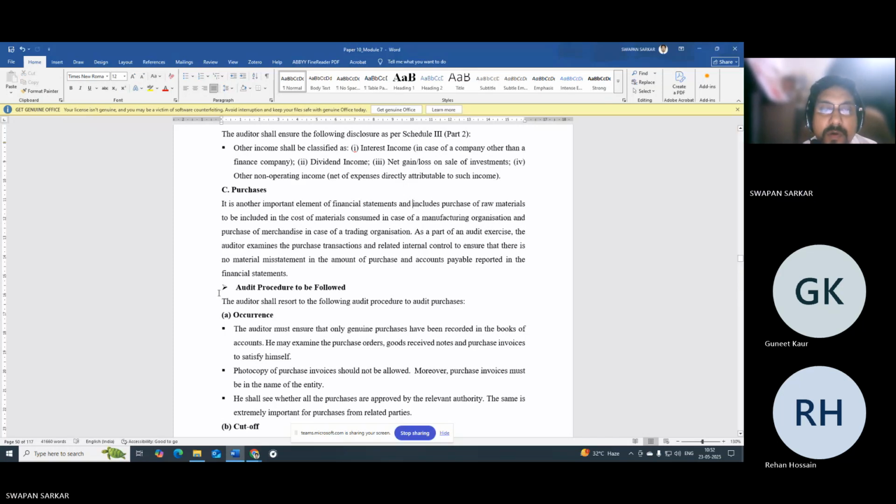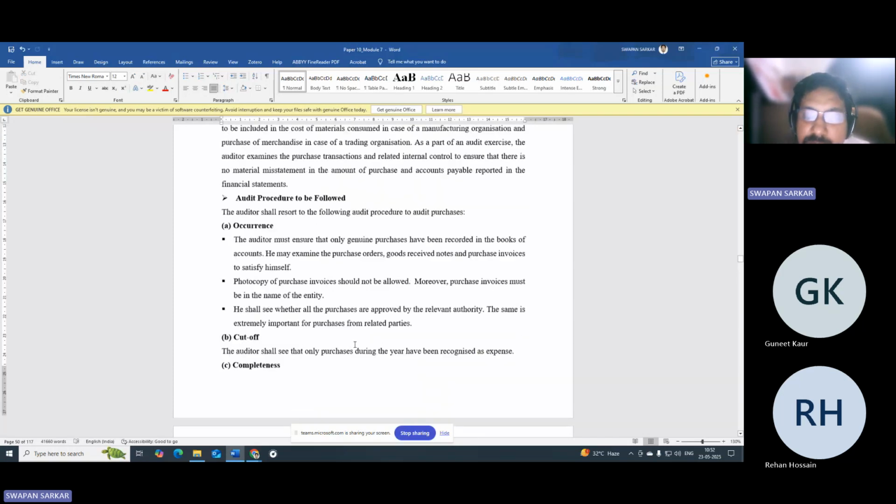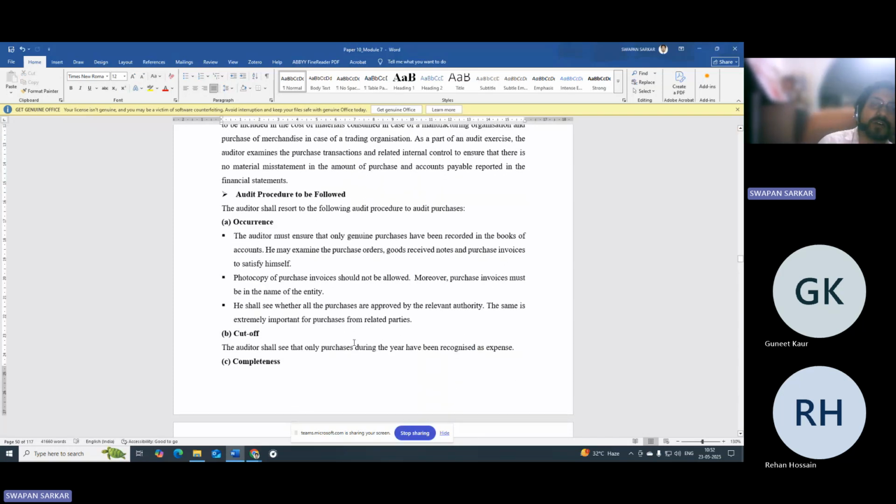Now, audit procedure to be followed. First of all, occurrence. The auditor must ensure that only genuine purchases have been recorded in the books of accounts. He may examine the purchase order, goods received, and purchase invoices to satisfy himself. Photocopies of purchase invoices should not be allowed. Moreover, purchase invoices must be in the name of the entity.